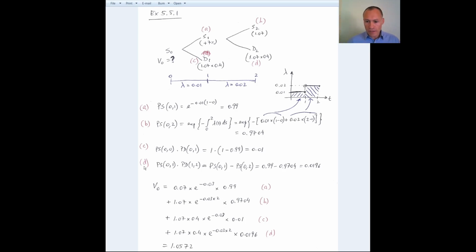Last, D is the probability of getting to D2, which is the probability of surviving the first year and then defaulting over the second year. Okay, so again, if you look at the formula, what you see there is that this probability, surviving the first year, defaulting in the second year, can also be computed as the probability of surviving up to the beginning of the period, so until here, minus the probability of surviving up to the end of the period, from 0 to 2, which is this expression you see here.